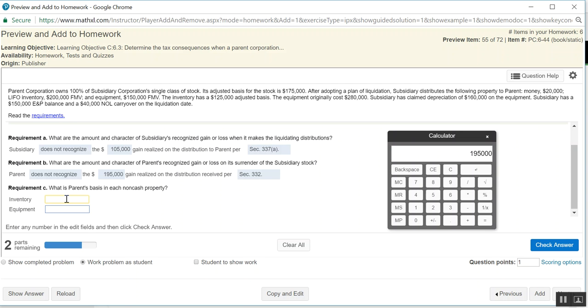Remember, P just steps into the shoes of S with regard to all of its property that it receives, because it's just like moving the property from one pocket of its pants to the other. So its basis in the inventory is the same as S's basis, 125,000. And the basis of the equipment is the same as it was for S, which is 280 minus 160, or 120.